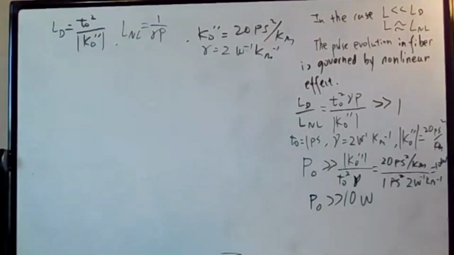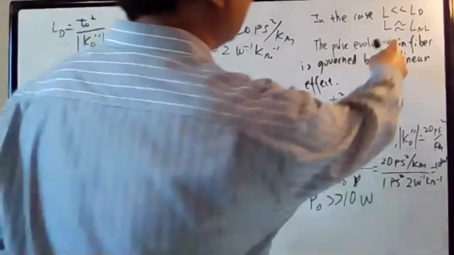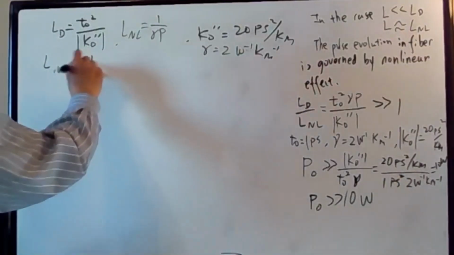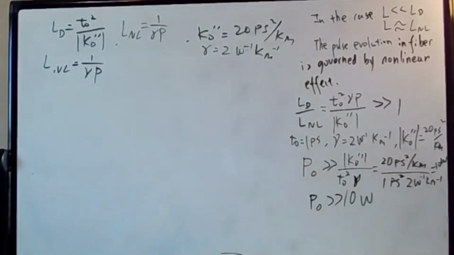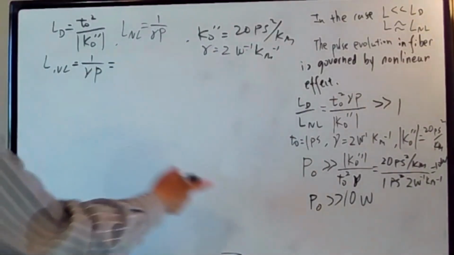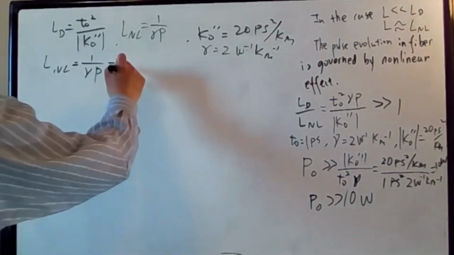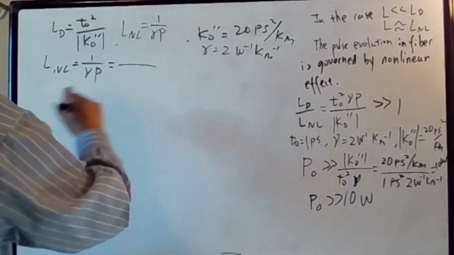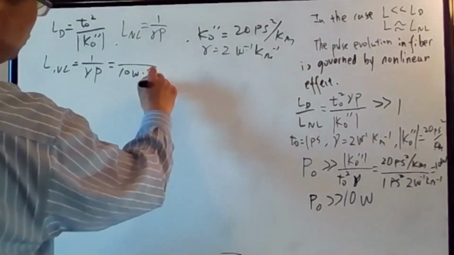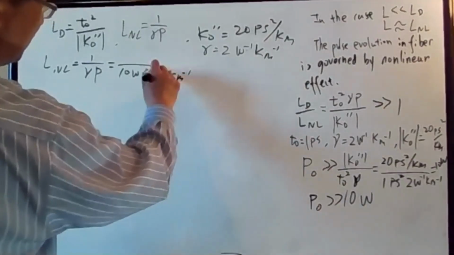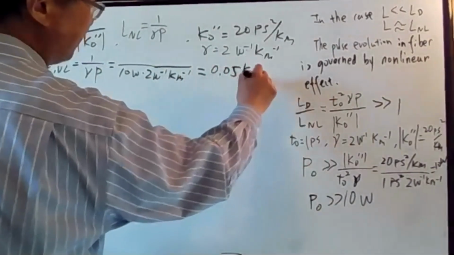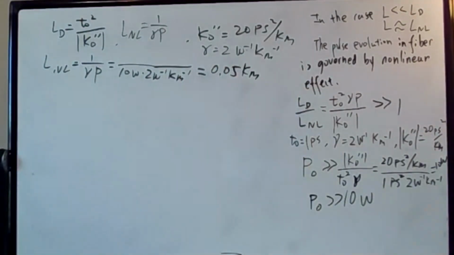So in this case, because it's dominated by L_NL, L_NL is 1 over gamma P. The power needs to be greater than 10 watt, so let's assume this is 10 watt. 10 watt times gamma, 2 inverse watt inverse kilometer, gives 0.05 kilometer, right?